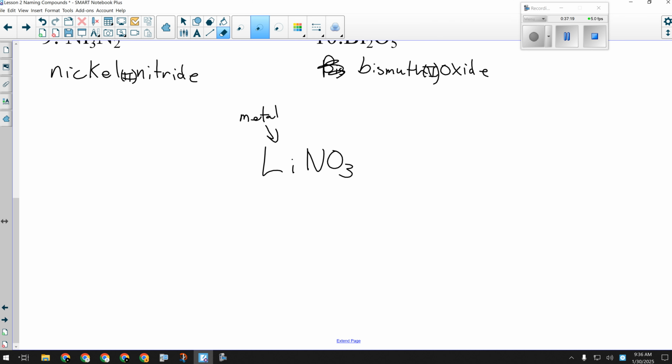And we treat it just like we would anything that would also be a non-metal, right? So this is a polyatomic ion. So the name of this stuff would be lithium nitrate.